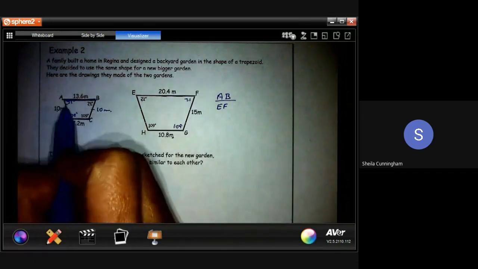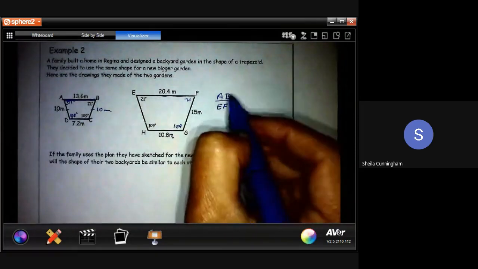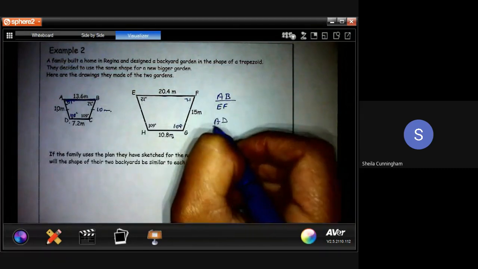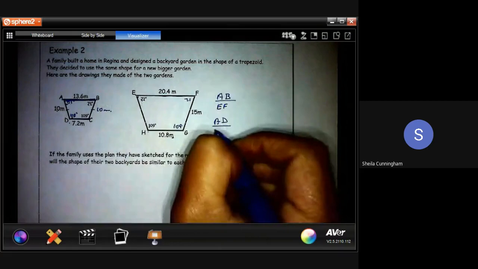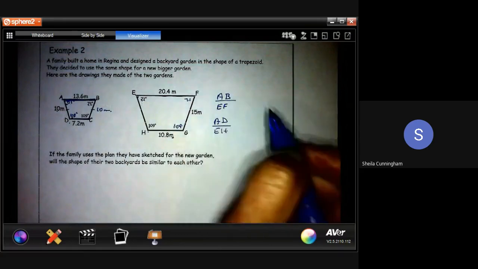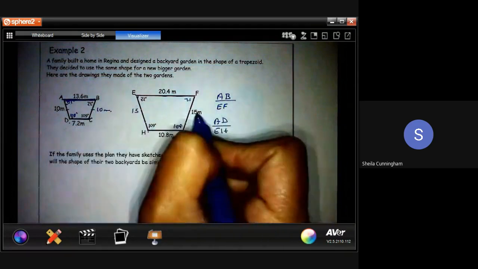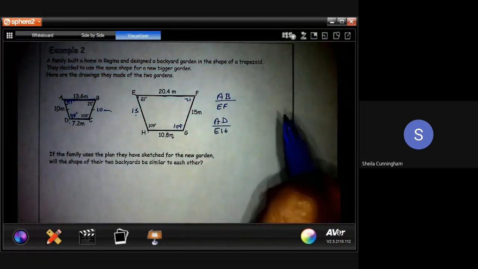Dealing with 71 to 109, that looks like A to D, which relates to E to H. This side here would be 15 meters as well.